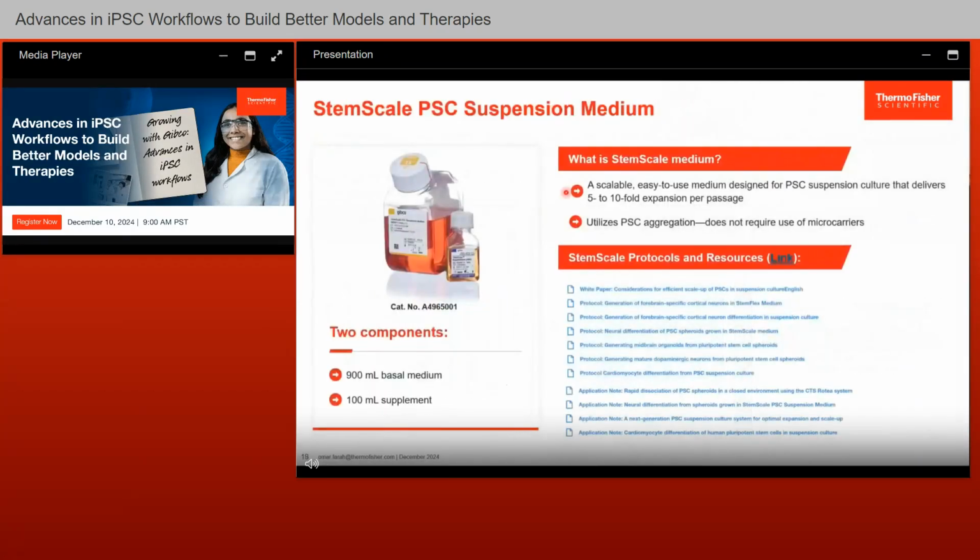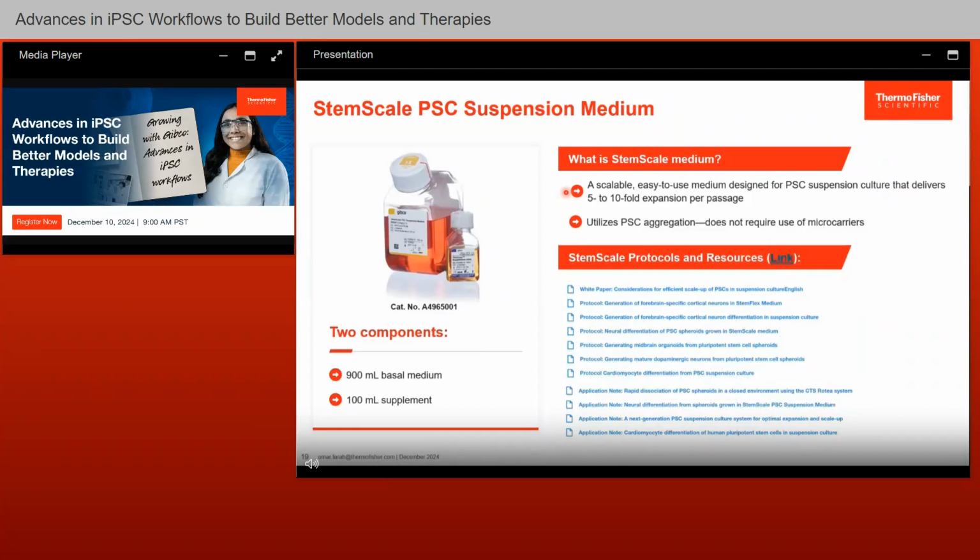And in my mind, at least, this is where the fun really begins, where we start to differentiate these 3D spheroids that we've generated into lineage-specific cell types. And to this end, our R&D team has generated several protocols and guidance on how we can take those iPSCs grown in a StemScale suspension-based medium and differentiate them into a bunch of different cell types and organoids without the need for an embryoid body formation step as well.